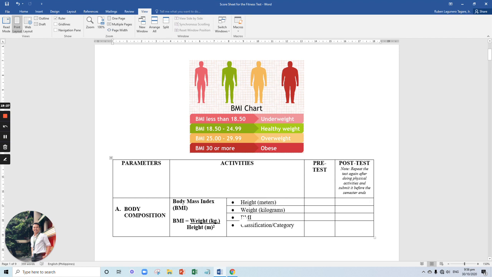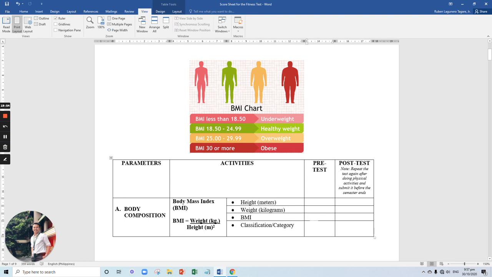So, for example, dito height mo is 1.5 ganon. Then yung kilogram mo is 65 kilogram ganon. Then lagay mo dito kung ilan yung BMI mo. So, for example, 18.5. Then your classification or category, ano ba siya? Underweight ba siya? Healthy weight, overweight, and so on.